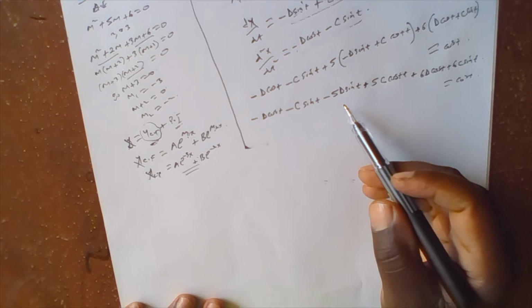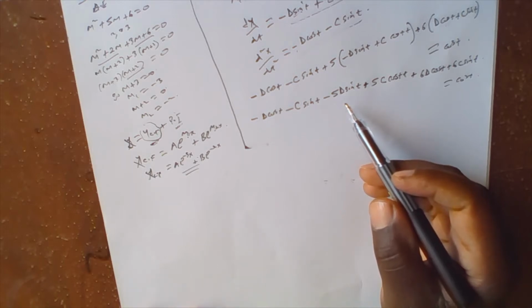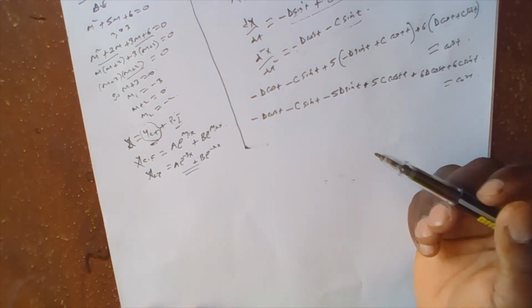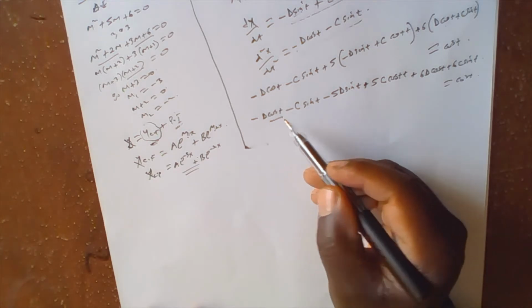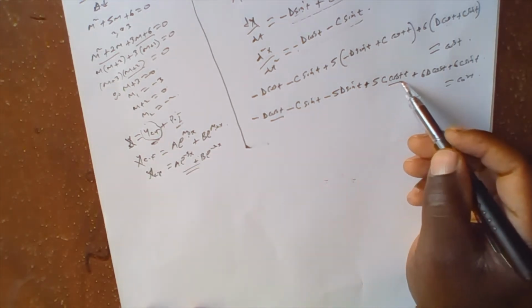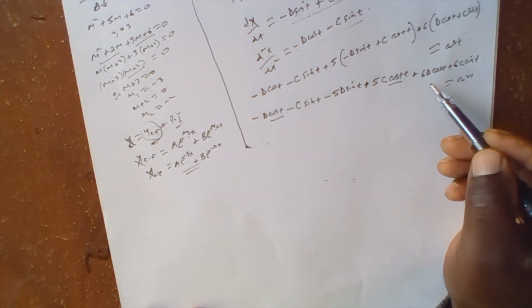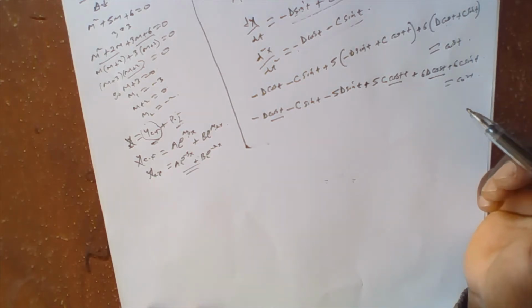So from here we shall group like terms, the sines and the cosines. Now this is cos, this is cos, this is cos, we put them together.